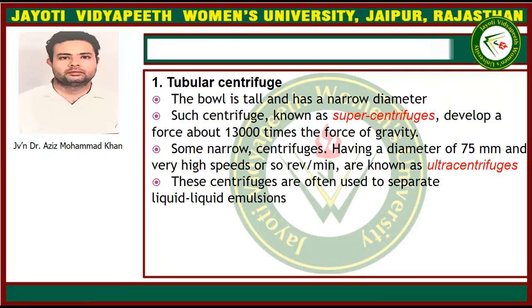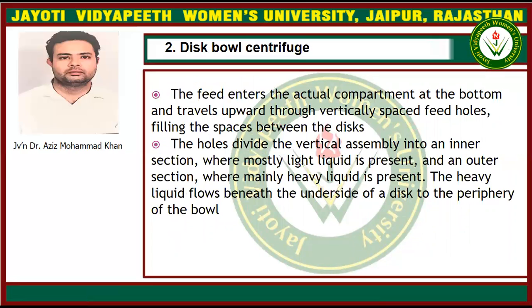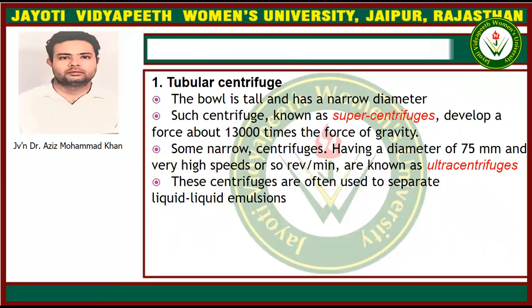Tubular centrifuge. The types of centrifuge are mostly tubular and disc centrifuge. First we discuss the tubular centrifuge, also known as the super centrifuge, which develops a force 13,000 times the gravitational force.